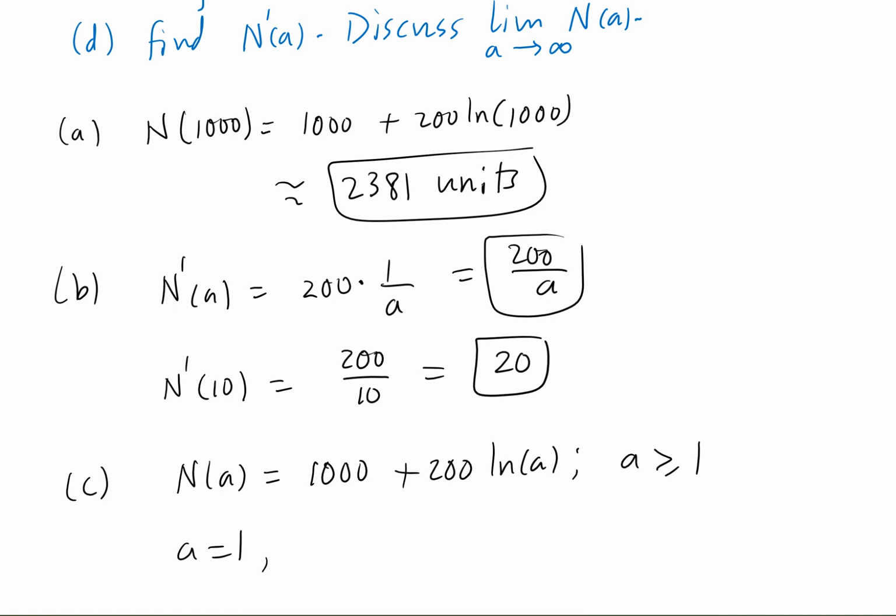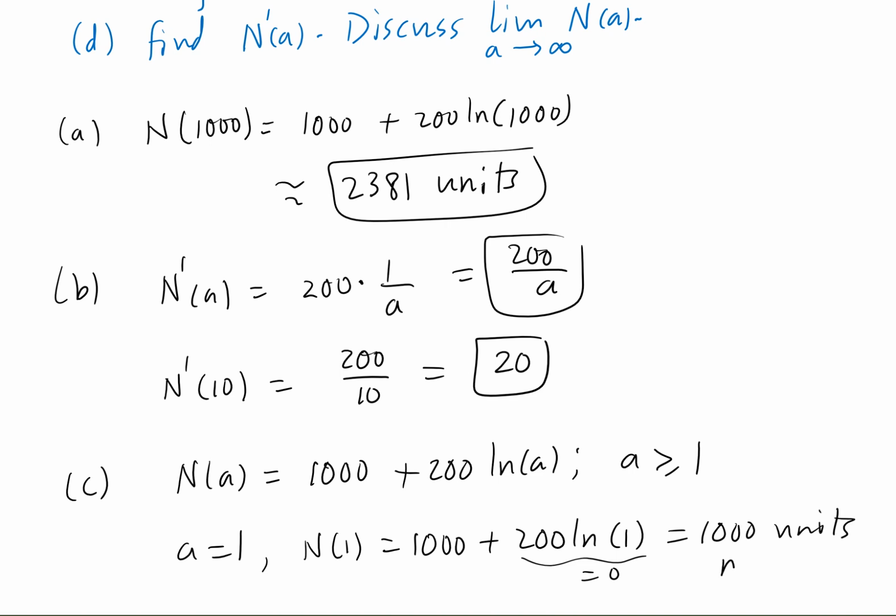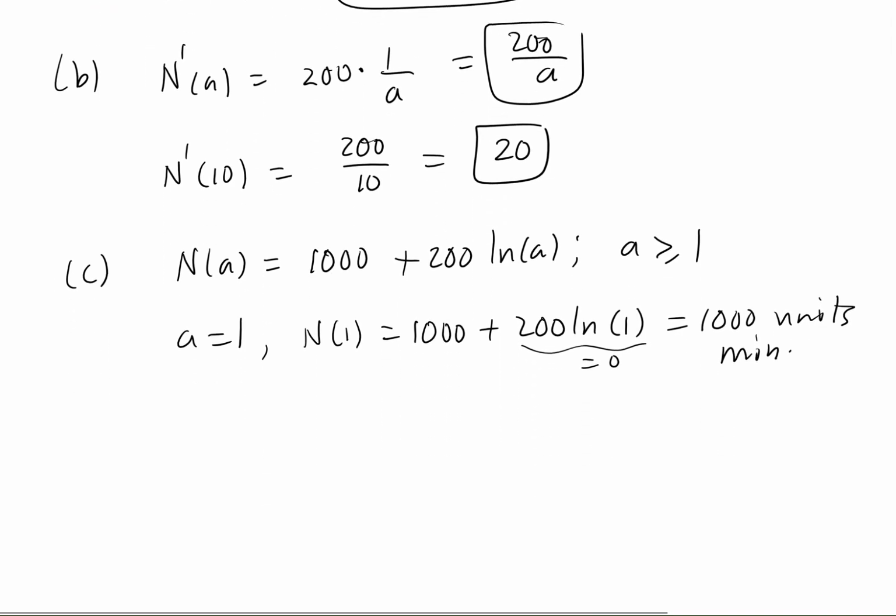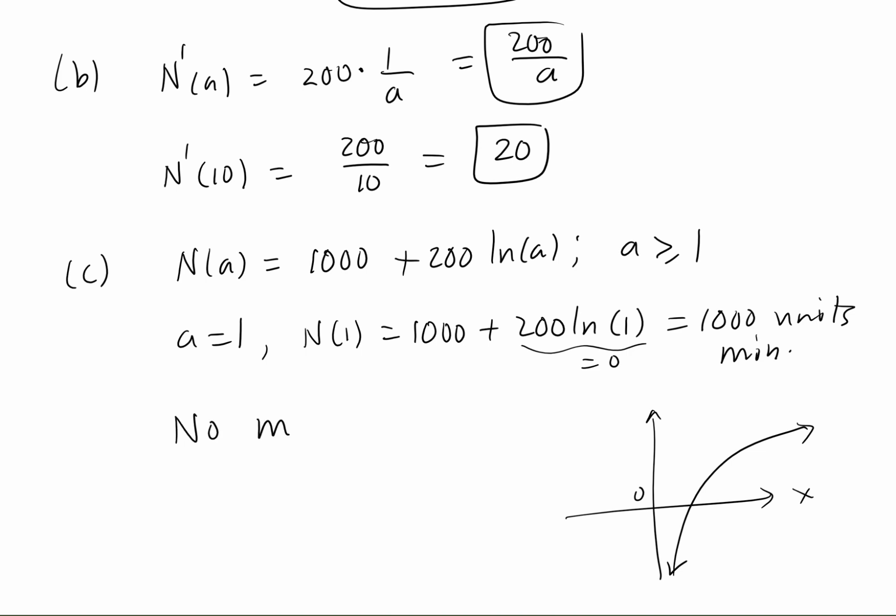Then n of 1 would give us 1000 plus 200 natural log of 1, which natural log of 1 is 0, so the answer is 1000 units. That's the minimum you can have. And guess what? If you remember the graph of natural log, it goes like this at the beginning of the lesson. It doesn't stop anywhere, so it keeps going forever. So there's no maximum.